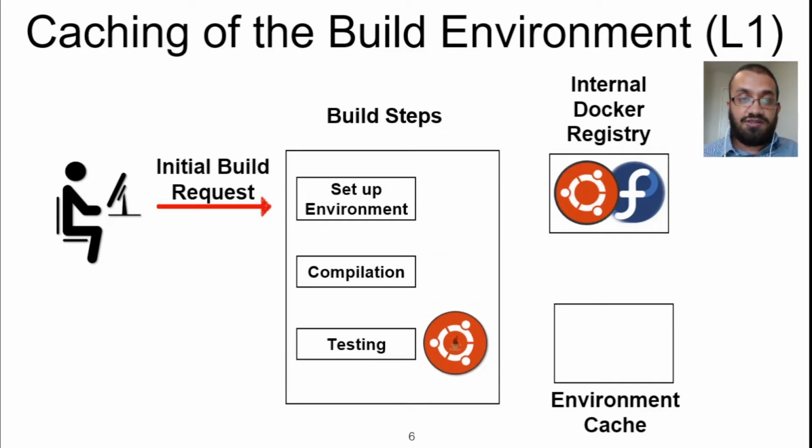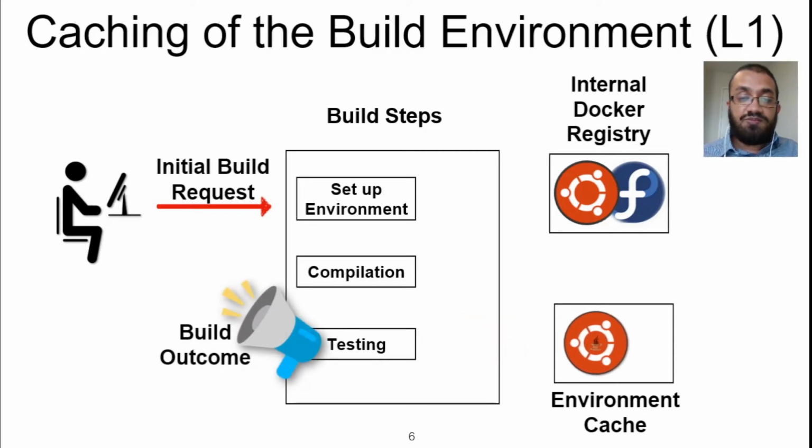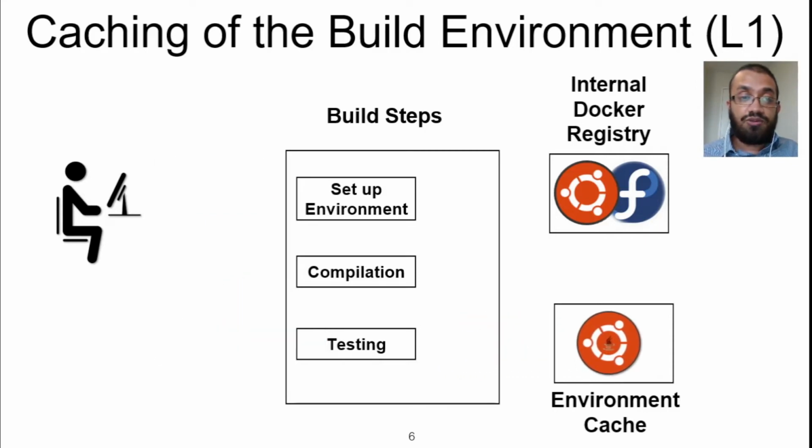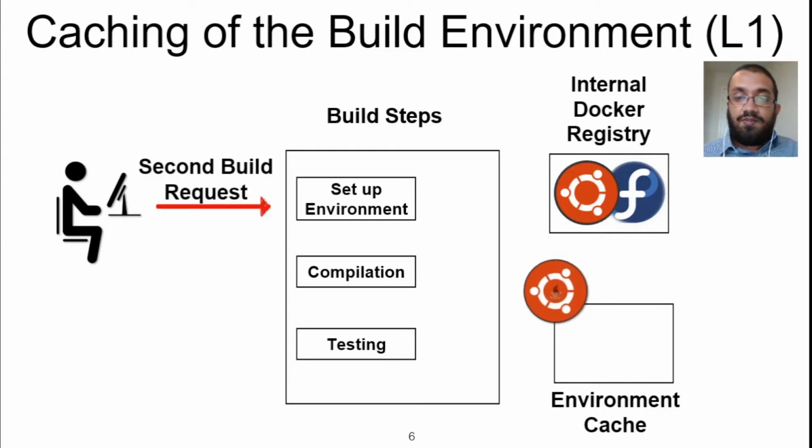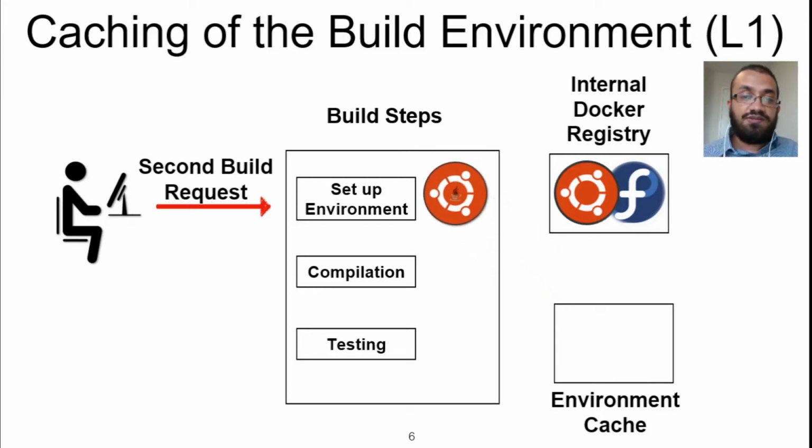Once the CI process is completed, it reports back the results, the build outcome, to the developers, and the image used for the process is saved in the environment cache. When the second build request is received, it reuses this image from the environment cache without having to set up the environment all over again, and thus saves time.